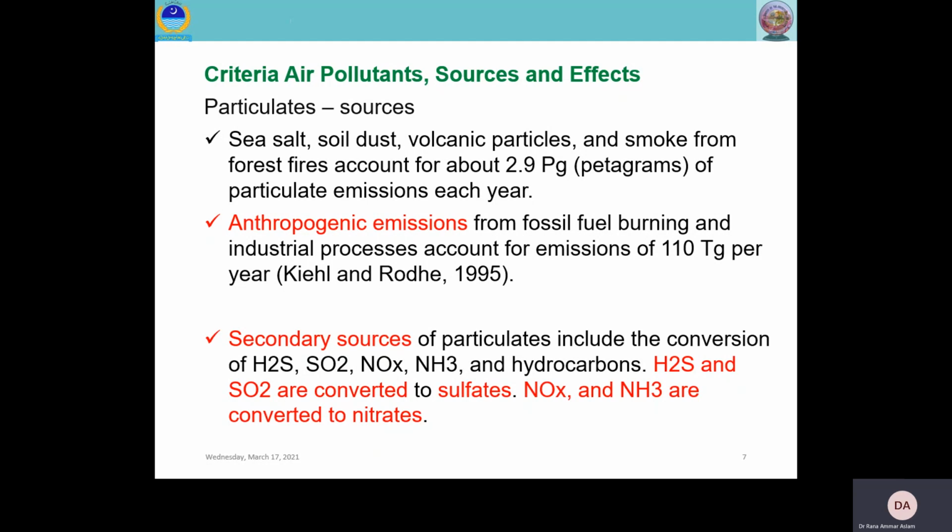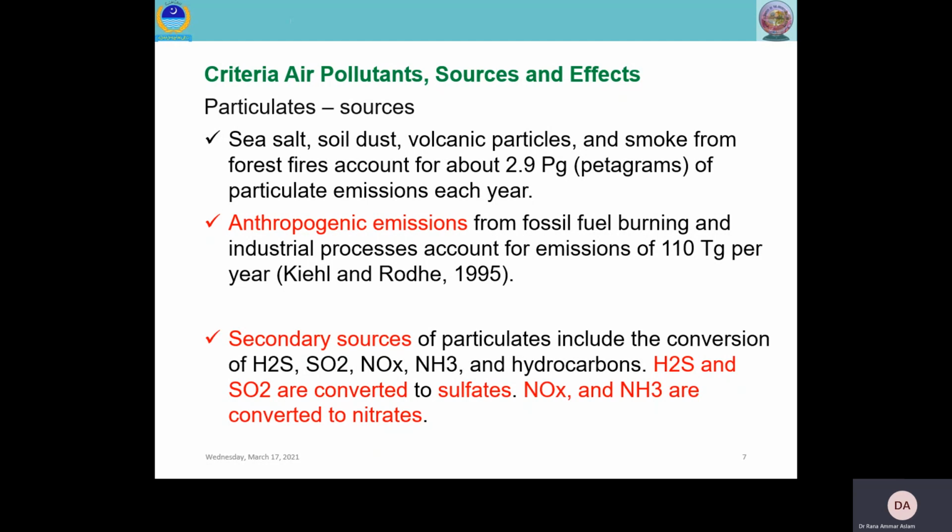So these were the statistics for the primary particulate matter. Though it's a criteria pollutant, at the same time, particulate matter is a primary pollutant. Now, let's see what can be the source for the secondary particulate matter.